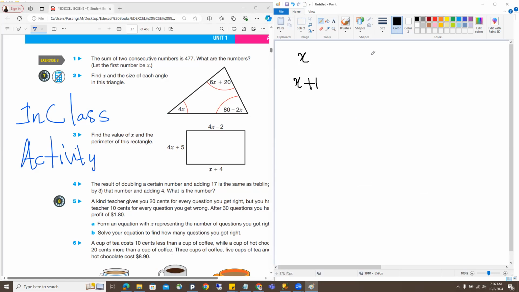Now add these two numbers: x plus x plus 1 equals 477. Then simplify it: 2x plus 1 is 477, and then find the value of x. Is it clear?